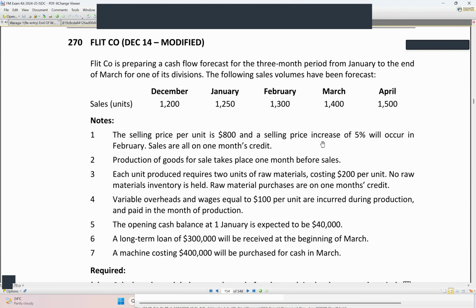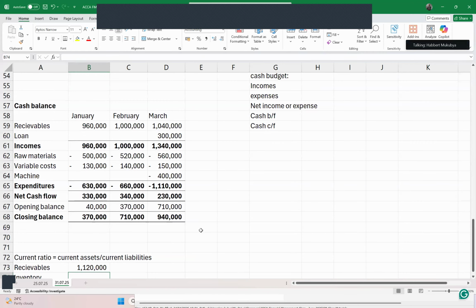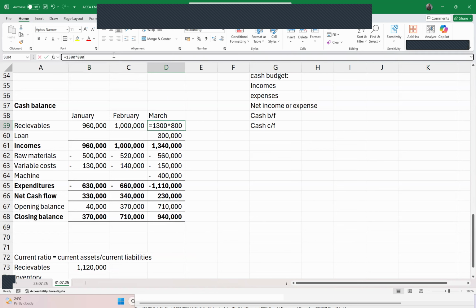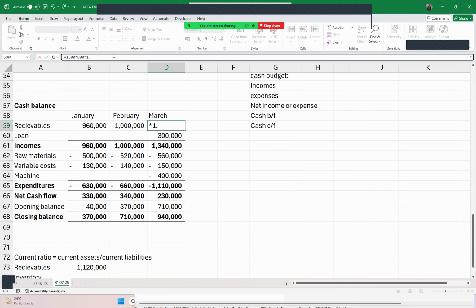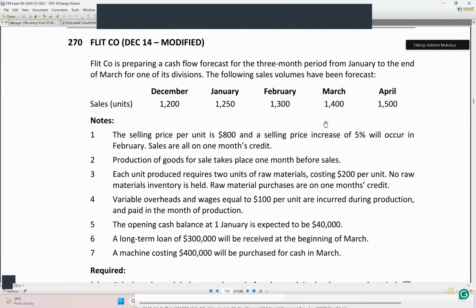But they're saying the selling price increase of 5% will occur in February. Oh, and we need to check whether we handled that in the previous one. I think in March, we needed to multiply by 1.05 because there was an increase of 5% in February.